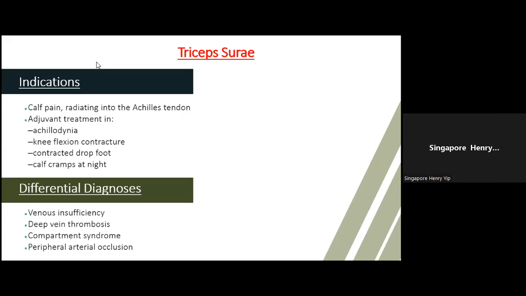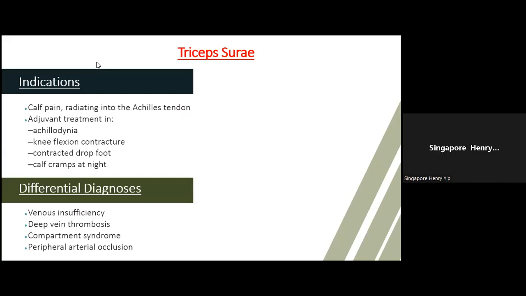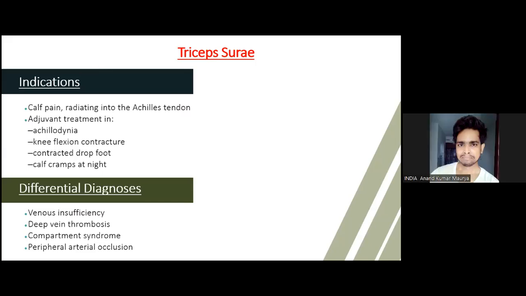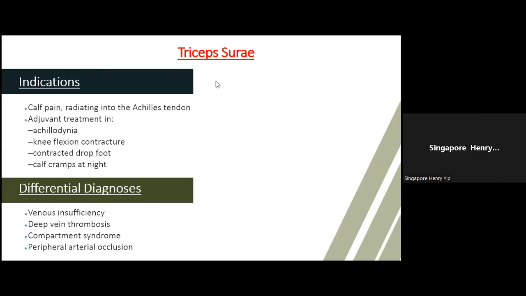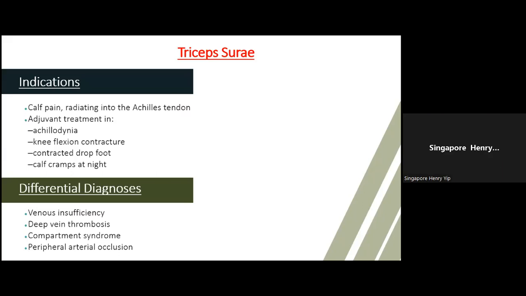The rehab process takes more time compared to NIBS, because NIBS directly strengthens the muscles, but the rehab process works on the peripheral nervous system and takes a very long time.